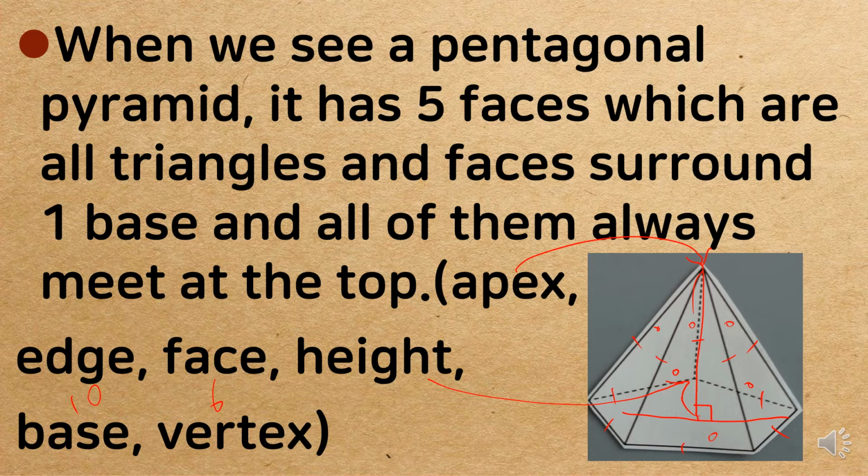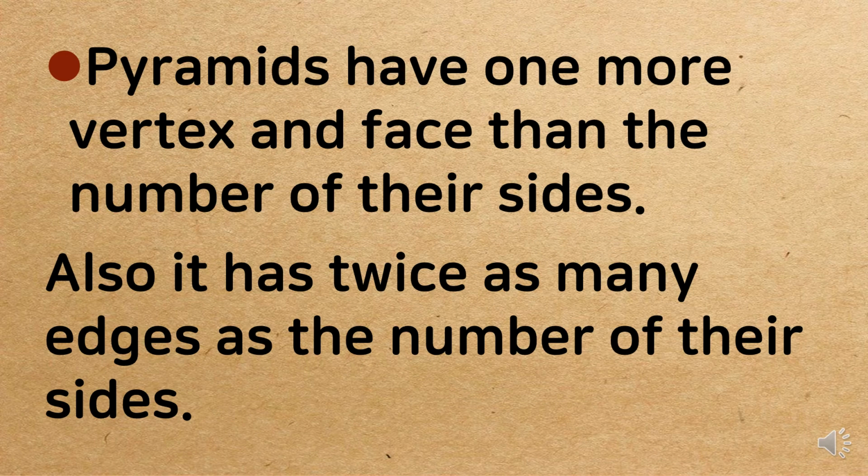Vertices are 1, 2, 3, 4, 5, and 6. 6 vertices. Pyramids have one more vertex and face than the number of their sides. Also, they have twice as many edges as the number of their sides.